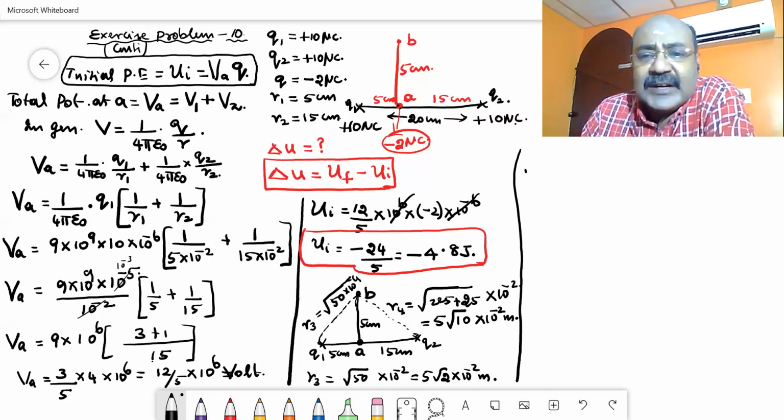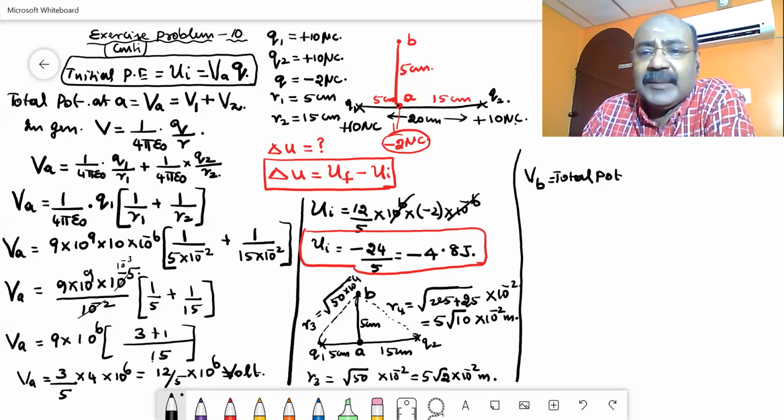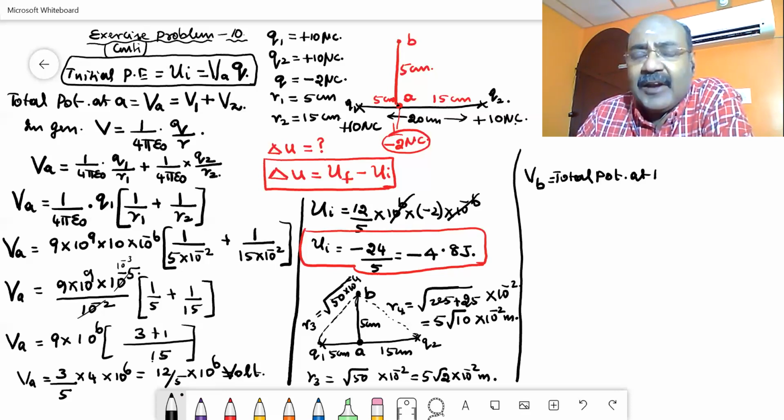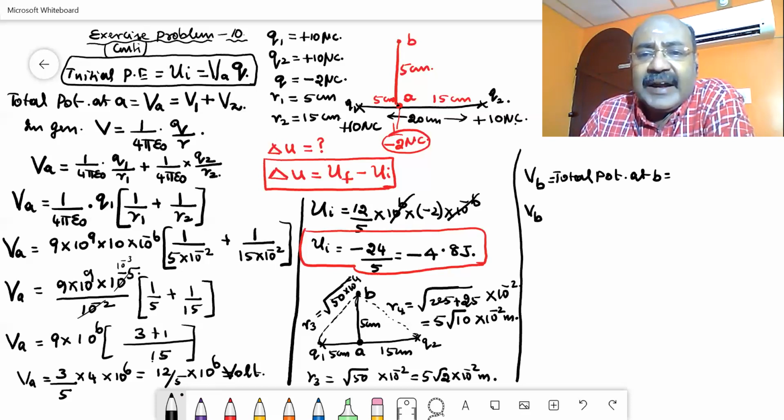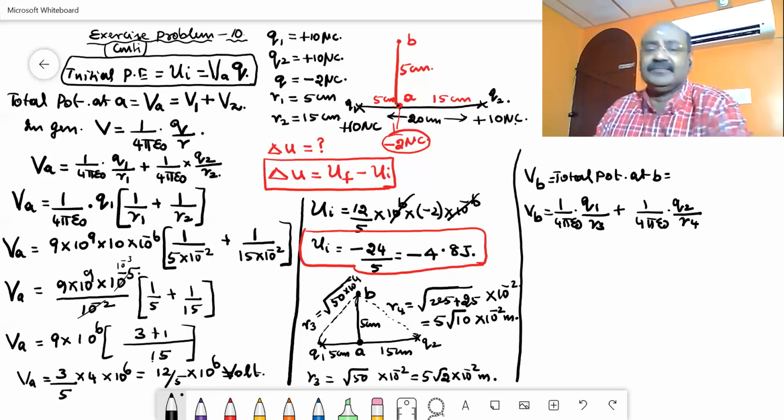So what is the total potential at B? VB, I am taking it as the total potential at the point B. I can write VB is equal to 1 divided by 4 pi epsilon 0 Q1 divided by R3 plus 1 divided by 4 pi epsilon 0 Q2 divided by R4.